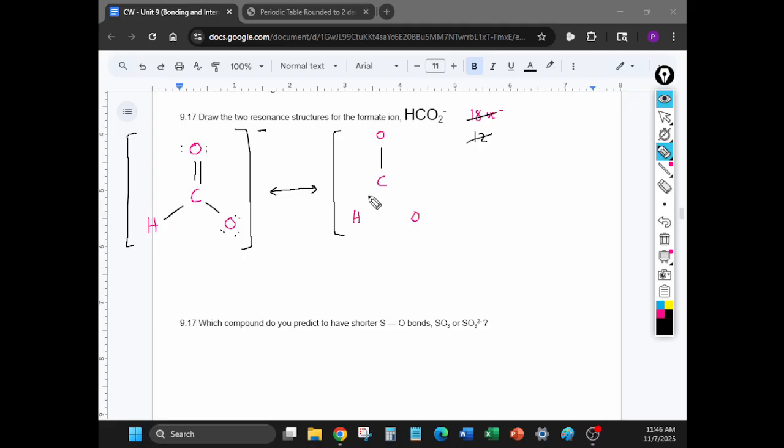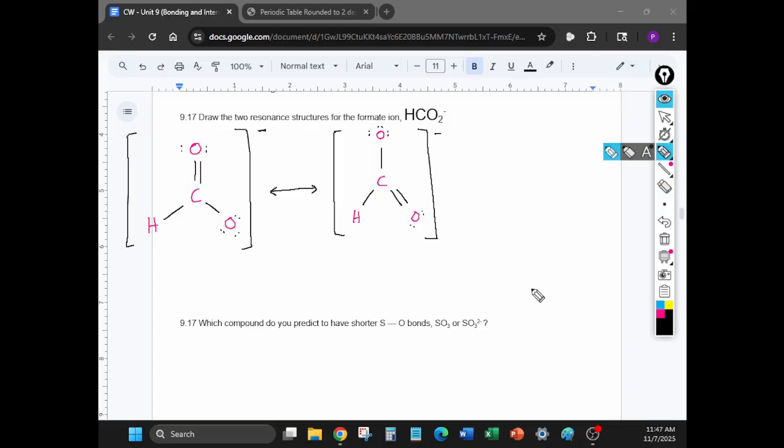And then this time, instead of double bonding with the oxygen you had in this one, it's just going to double bond with the other one. All right, so those are the 2 resonance structures of formate. Any questions on that?